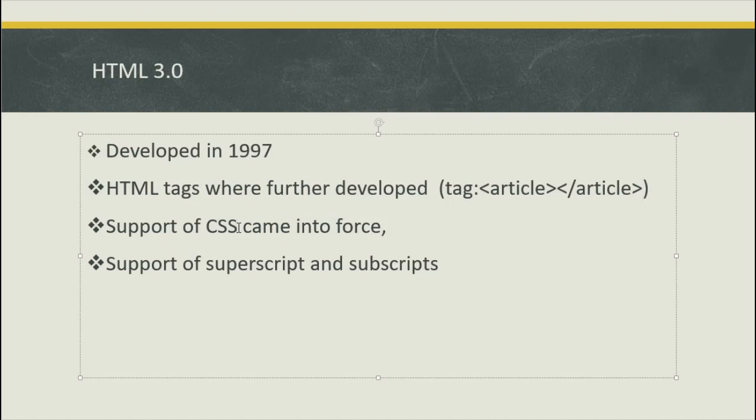So we have structured our website, but if we go back to the example that I mentioned about articles or blogs, it wasn't looking good, right, because we did not add styles. So cascading style sheet is a way of styling our web pages to look good, right? For example, if you visit YouTube, if you visit a particular website, it looks very nice. So the support for that styling came during the HTML 3.0 version, with the support of superscripts and subscripts, etc.